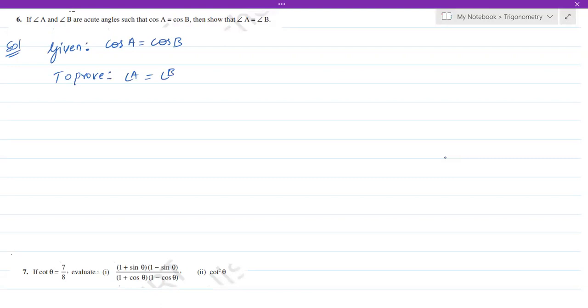Now let's take a right angle triangle. I'm just drawing a rough diagram. Now see, it is very clearly given that angle A and angle B are acute angles. I cannot take this as B. If I take this as B, then it becomes 90 degrees, isn't it? But B is an acute angle, which means it's less than 90 degrees.